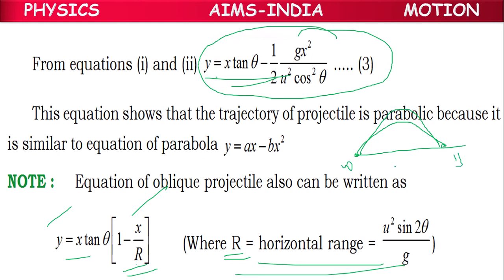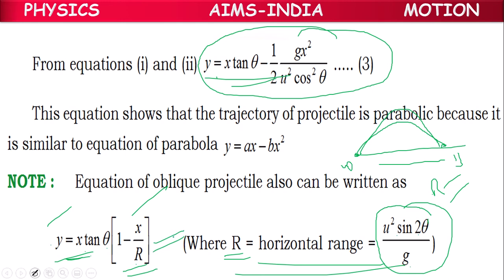This distance is called the horizontal range, which is R, whose value is u square sine 2 theta by g. In terms of R, we can write y as x tan theta times 1 minus x by R. How we have written like this, we will learn later.